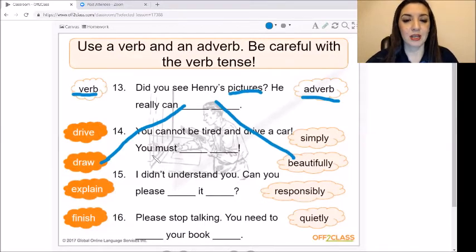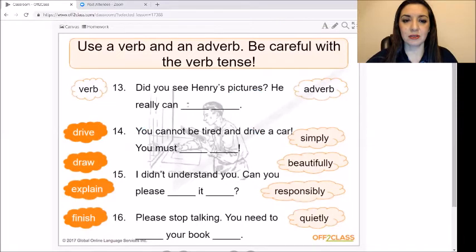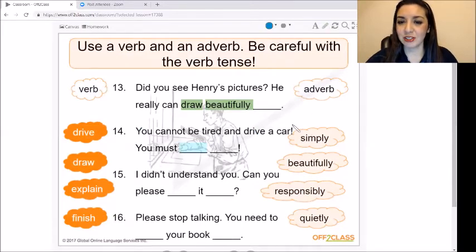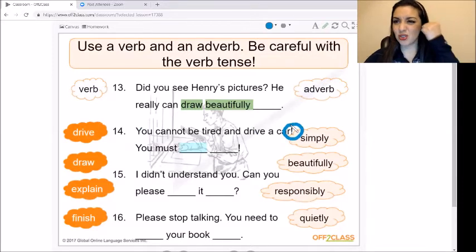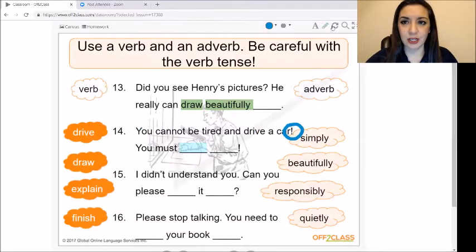Okay. Number 14 here. I will type these in. You cannot be tired and drive a car. See the exclamation? That means you say it with a strong emotion. You must blank blank.